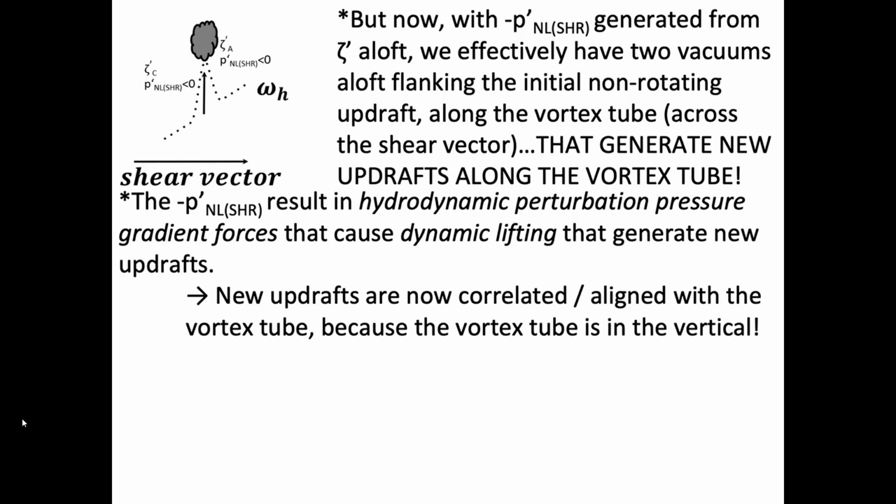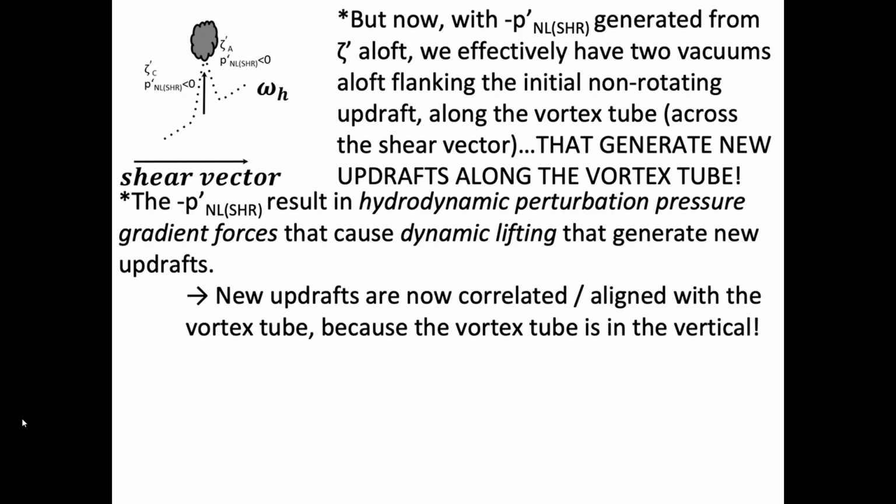And that, again, that negative perturbation pressure from nonlinear shear effects results in a hydrodynamic perturbation pressure gradient force that causes dynamic lifting. Again, that's that dynamic lifting that's occurring because of the perturbation pressure gradient force, comparing the perturbation pressure deficit in the mid-levels to that near the ground, which generates new updrafts that are now correlated or aligned with the vortex tube that's in the vertical.